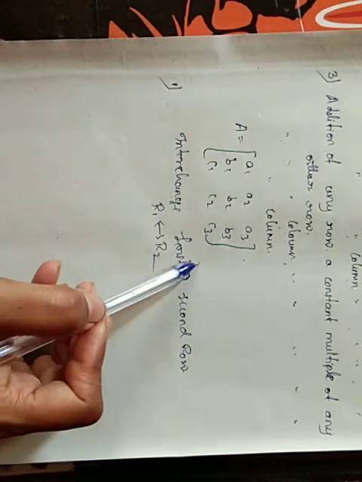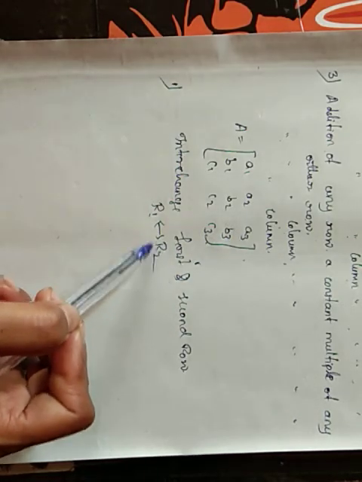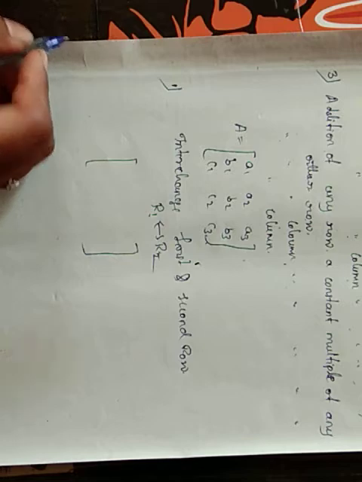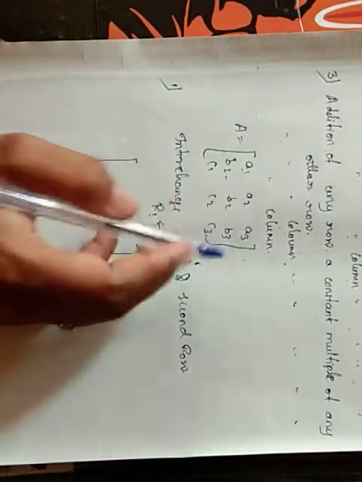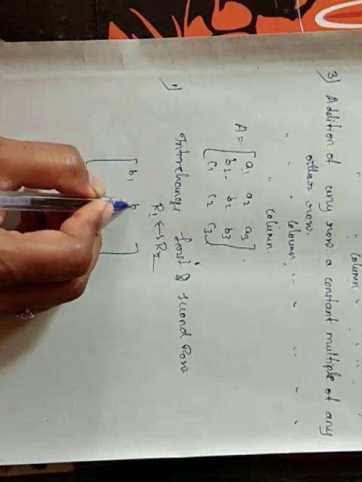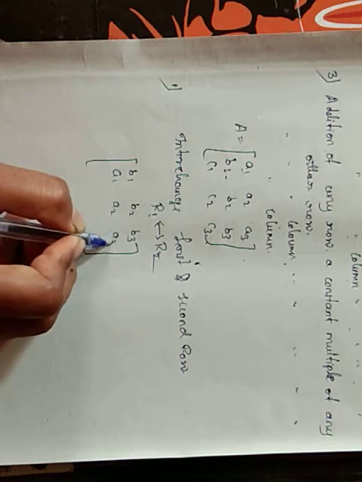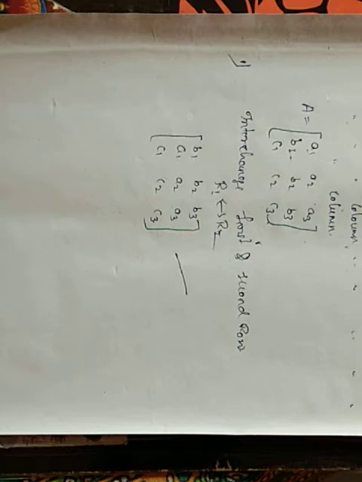If you similarly interchange first and third, you indicate R1 interchange R3. How to write down the matrix? Interchange of R1 and R2 means all the R1 elements are written in R2 and all the R2 elements are written in R1: B1, B2, B3, A1, A2, A3, C1, C2, C3. That is the application of the first rule of row transformation.